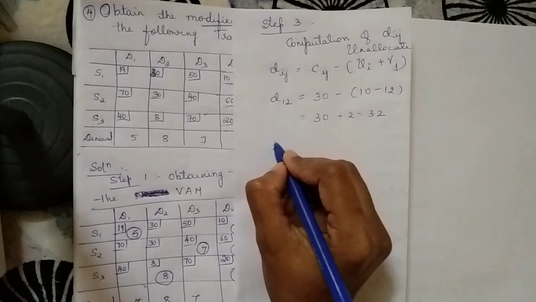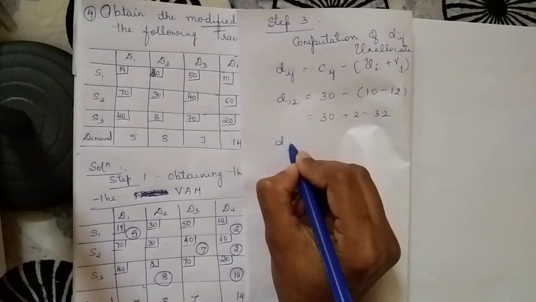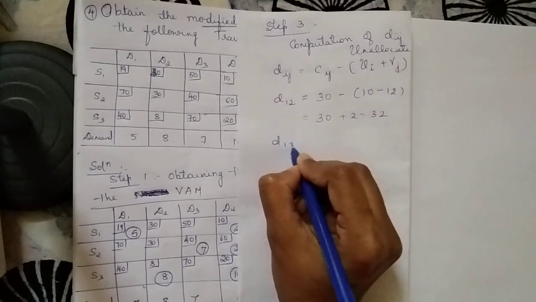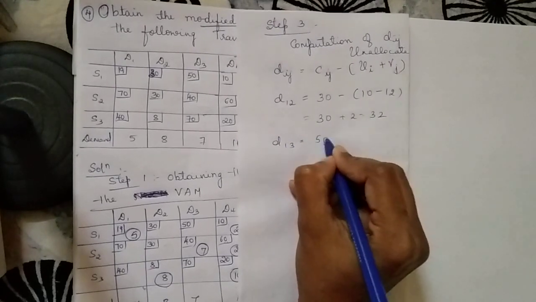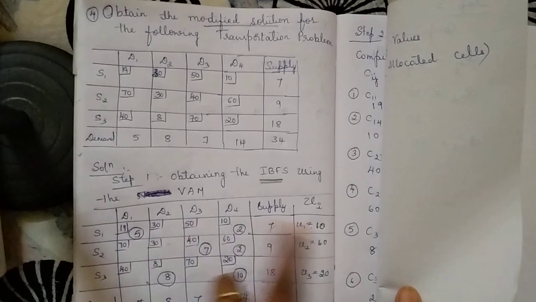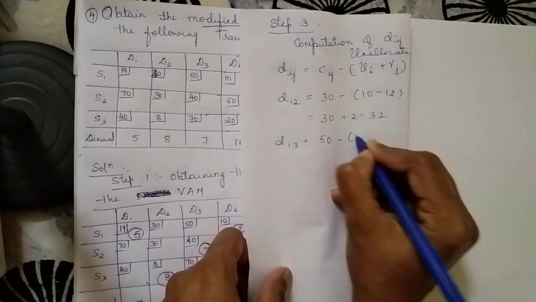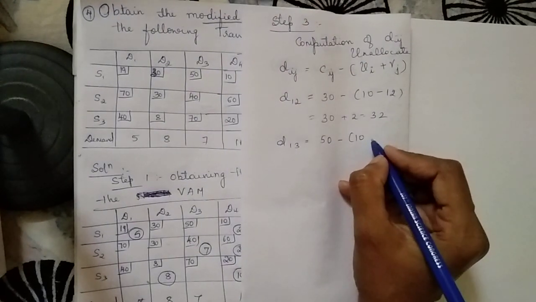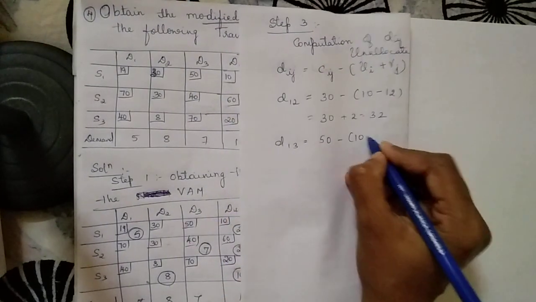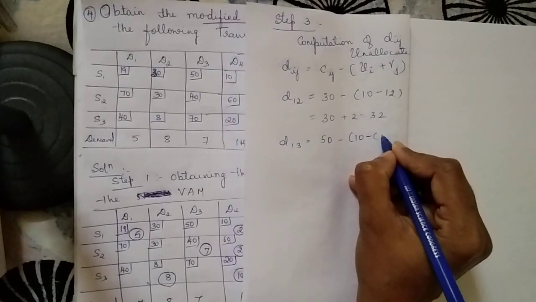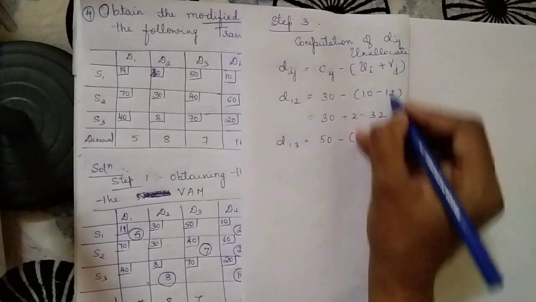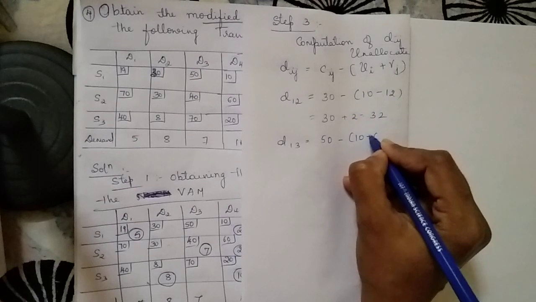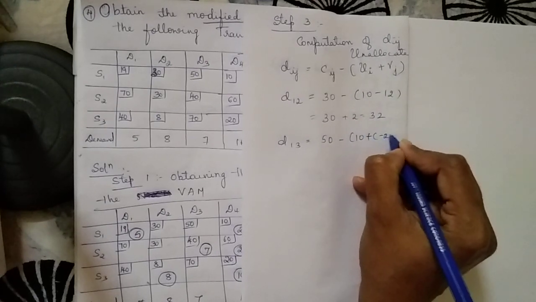So D12. Now what are the addresses we have? D13, is it not, is equal to 50 minus 10, then minus of minus 20, so plus 20?